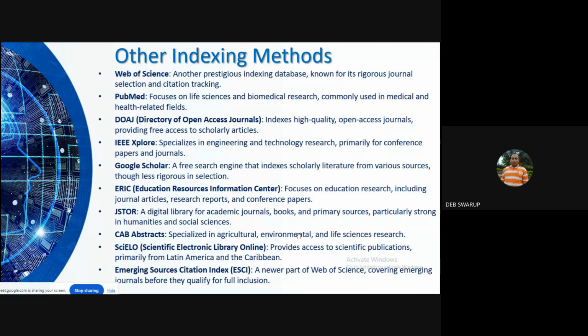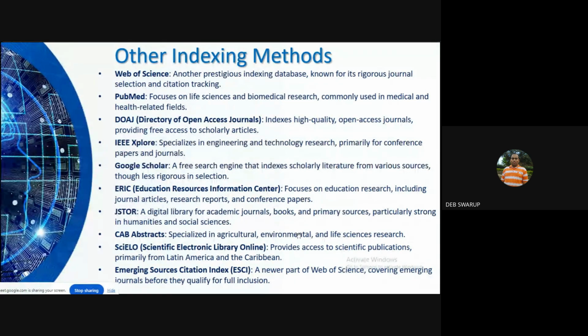This is one of the most common indexing methods, and most new journals come under the DOAJ category. IEEE Xplore is for all IEEE papers, which have their different journals.